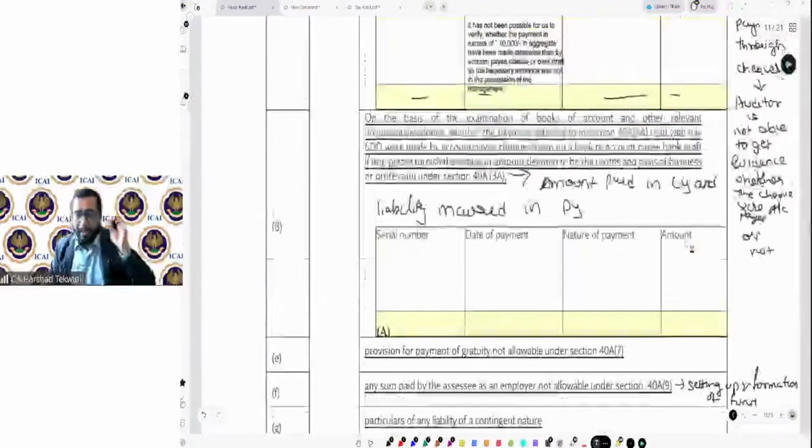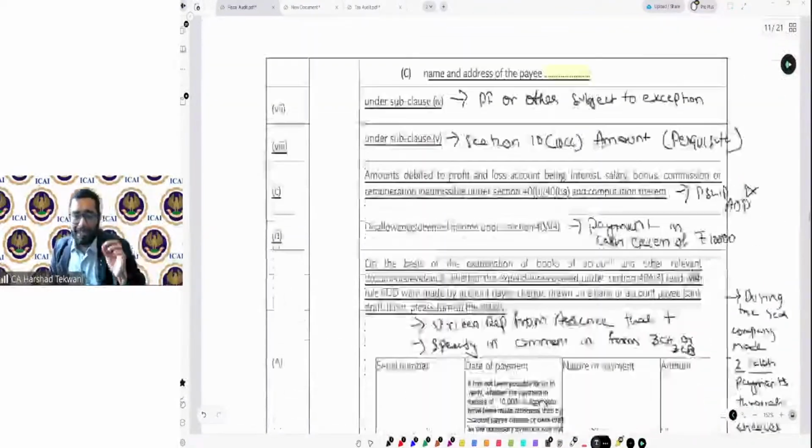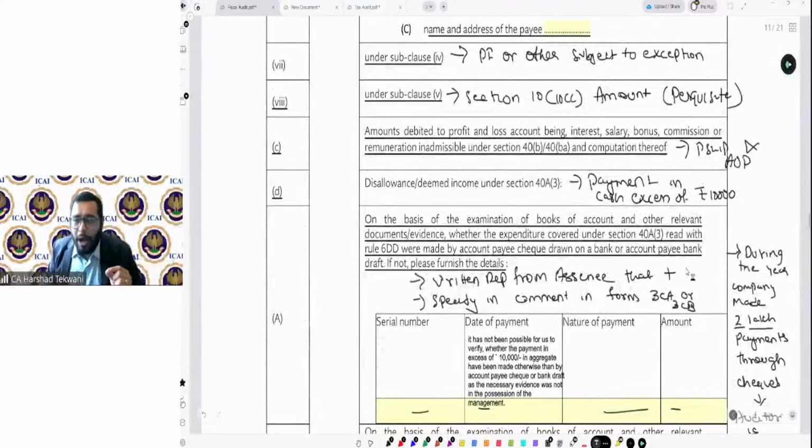I'm repeating again and again that the understanding of Form 3CD will be dependent upon the understanding of the relevant sections of the Income Tax Act. You should not see it on a standalone basis. Trust me, that is not something you should do. Today, if I want to understand Form 3CD, I need to have a good knowledge of the sections mentioned in Form 3CD relevant to the Income Tax Act.